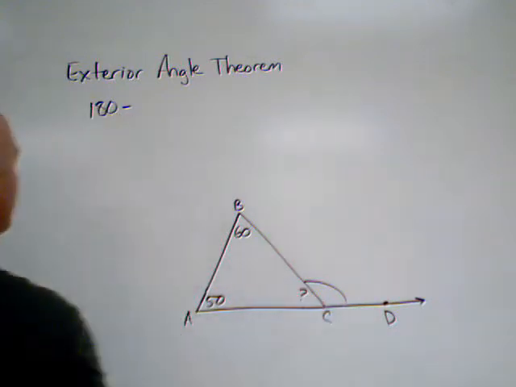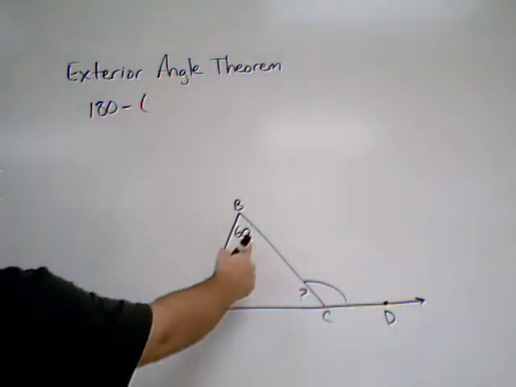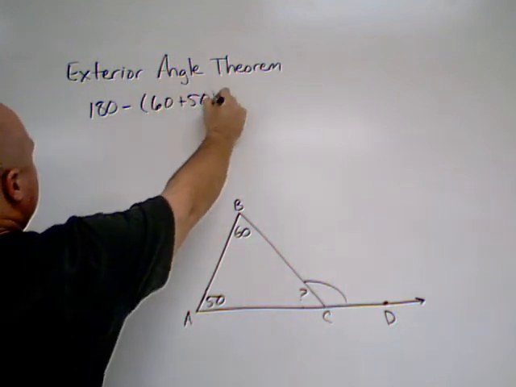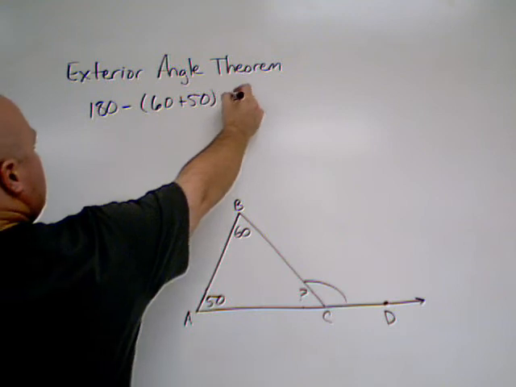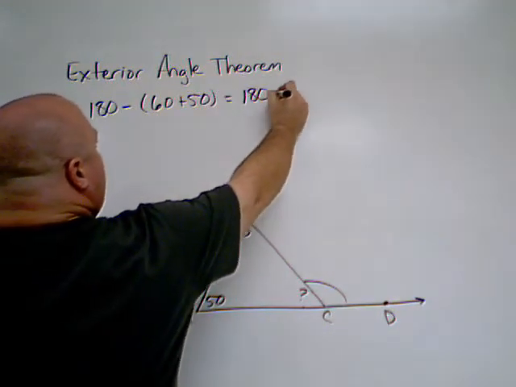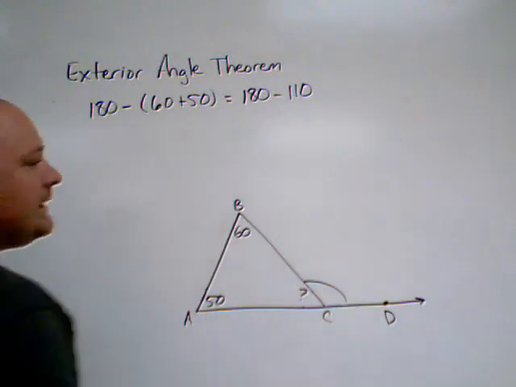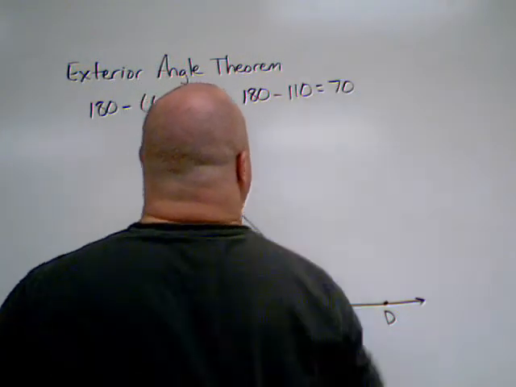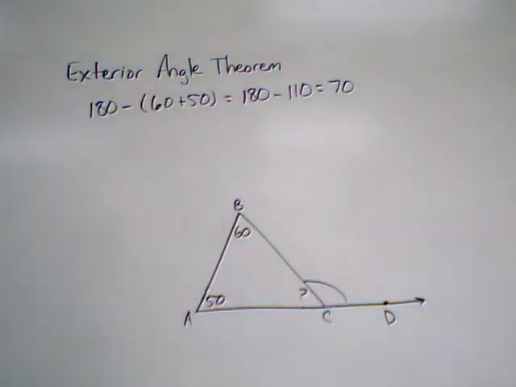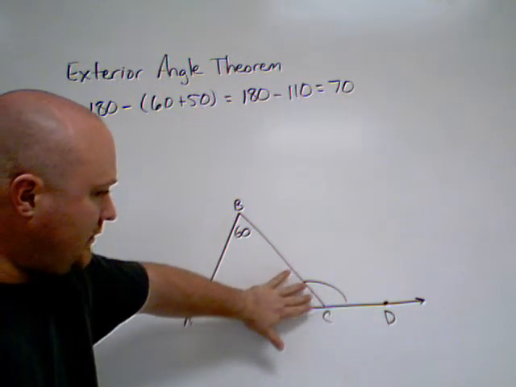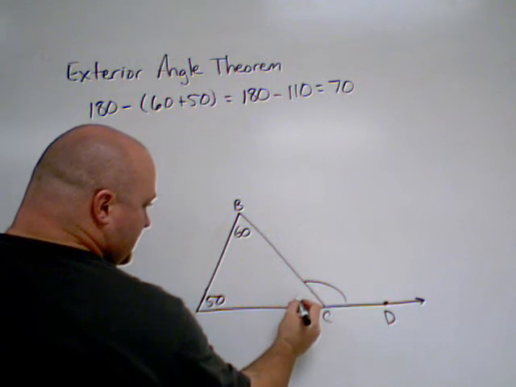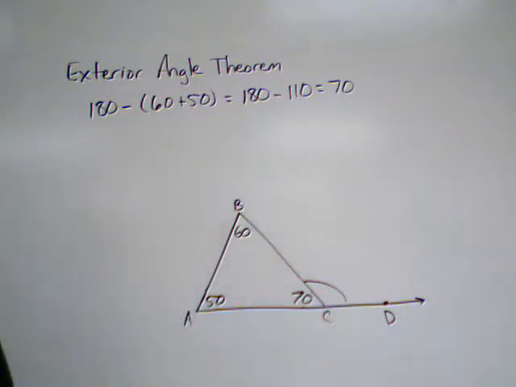That one. So we add these two together, 60 plus 50 is 110, and 180 minus 110 leaves us with 70 degrees. So our interior angle here at BCA or ACB, whichever one you choose, is 70 degrees.